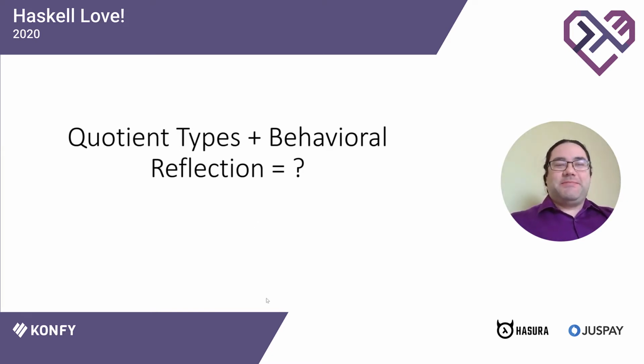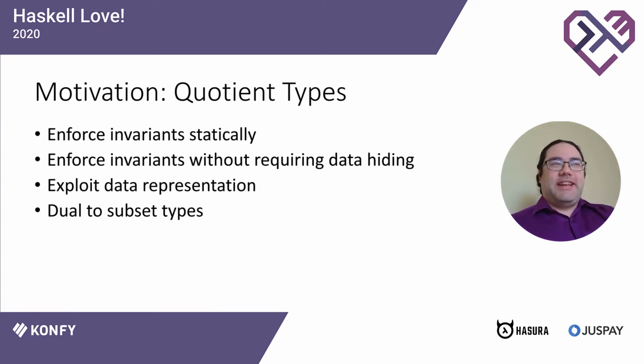So the first part is quotient types, and I talked about quotient types a few times. There's actually articles on my site for both of these things. And so one of the main motivations for quotient types is enforcing invariance statically in a way that doesn't require information hiding.